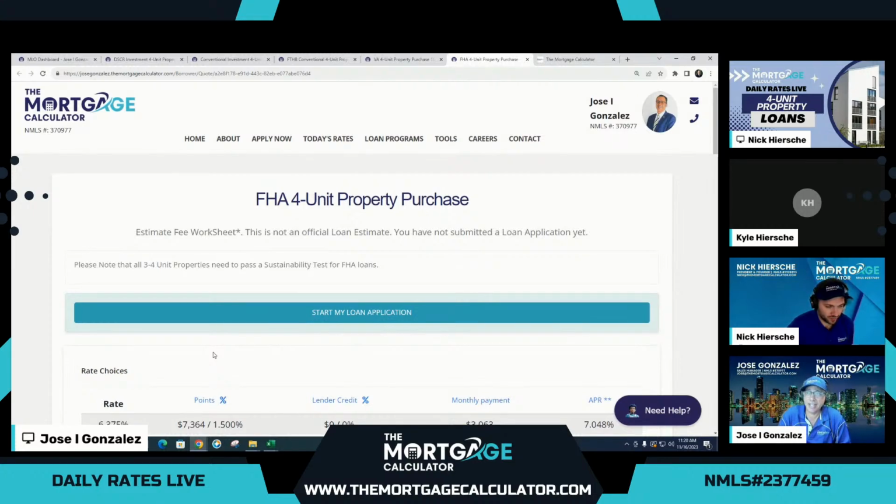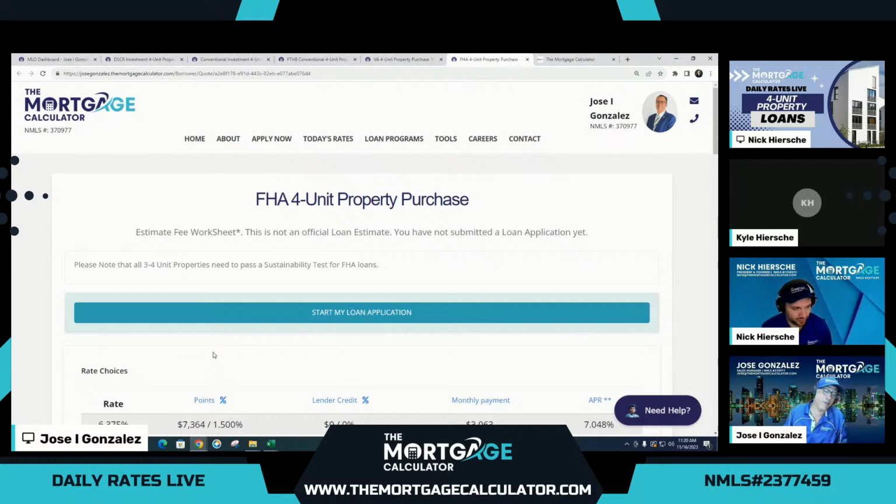the FHA sustainability test. What that means is that for a 3 or 4-unit property, if all units were rented, assuming the borrower isn't going to live there, that they had to move out for whatever reason, would the property be able to cover the housing expense with the rental income?